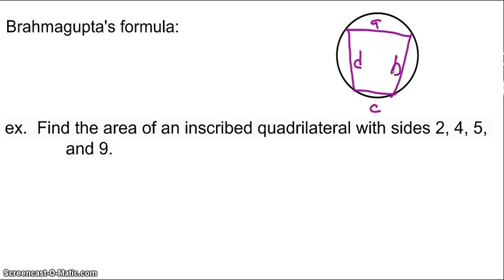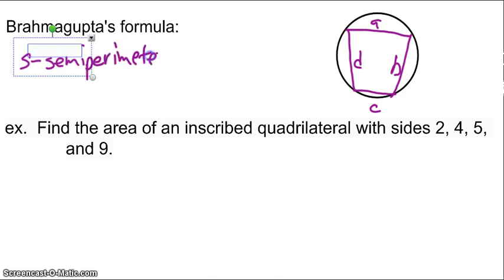So what I would do with those sides is I would find what we call S, the semi-perimeter. I would add just exactly what you would think. You would take the perimeter and divide it by 2.